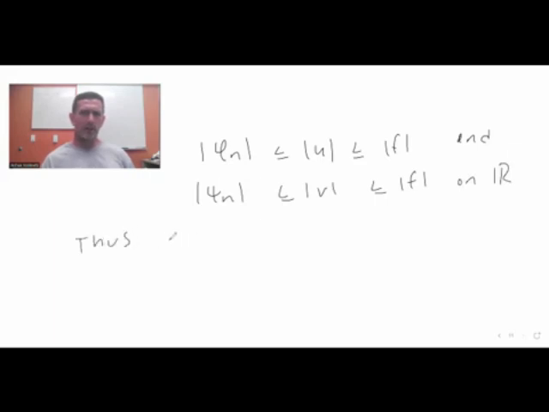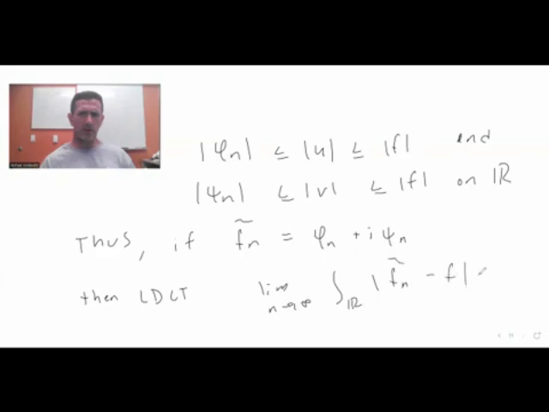Okay, so what this says, thanks to the simple approximation lemma, is that if Fn tilde is varphi n plus i psi n, then again by the Lebesgue dominated convergence theorem, because we have pointwise convergence on R, we have convergence in LP.